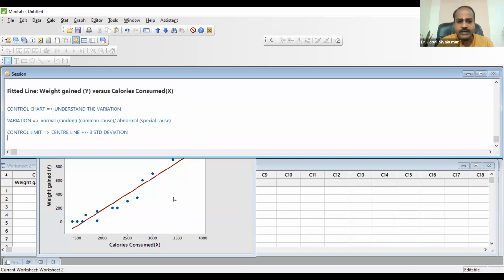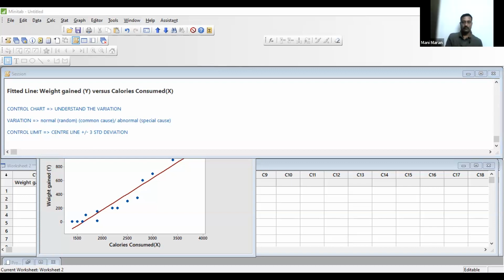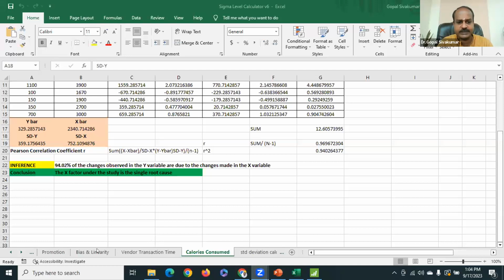So now I'm sharing my complete slide. I want to pick up data from the Excel. Can you see my Excel now? I have to share my complete screen then. So I'm sharing my complete screen. You should be able to see my Excel.